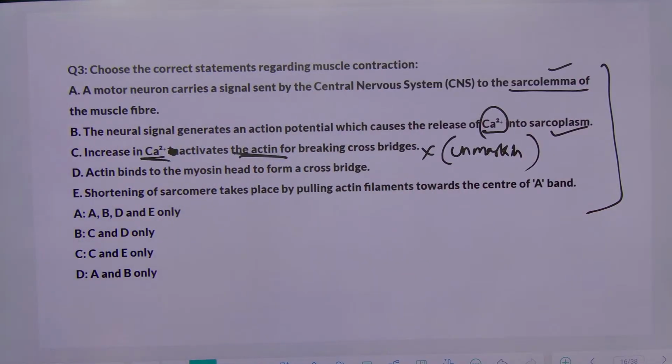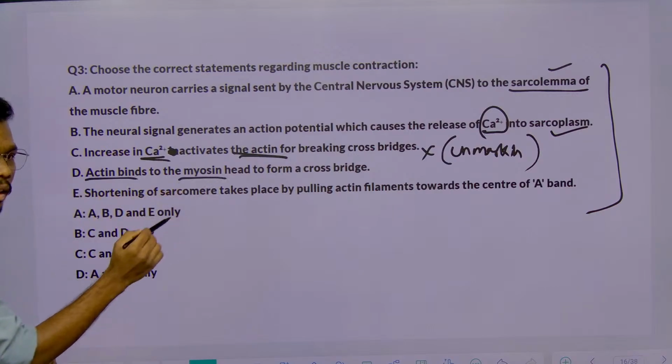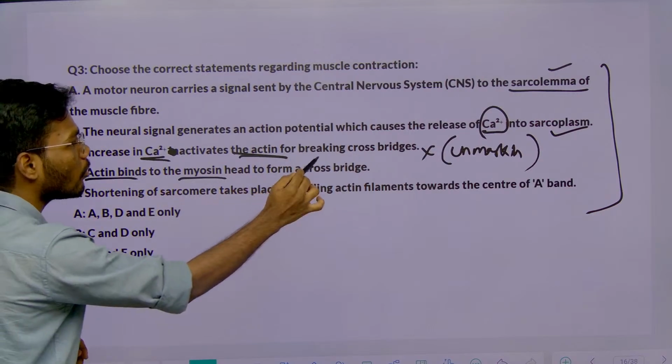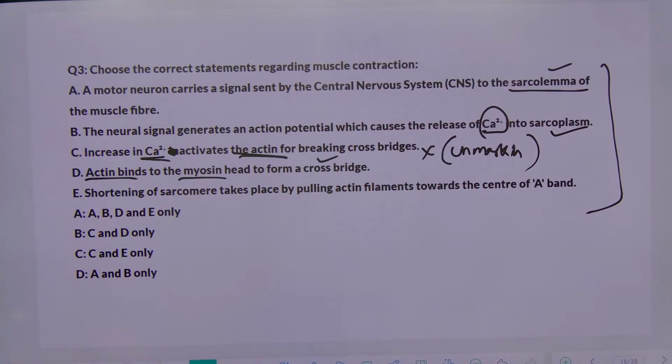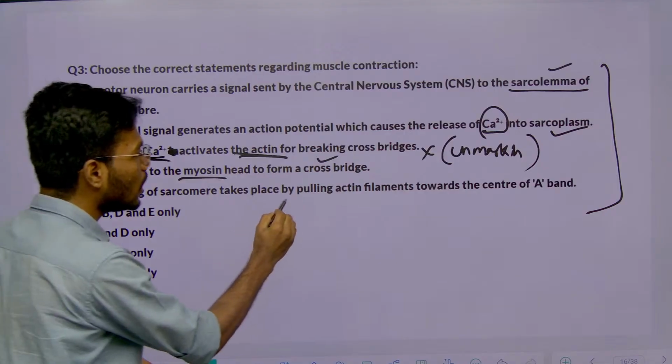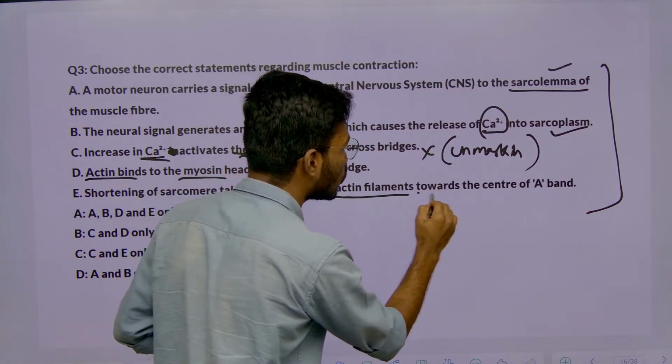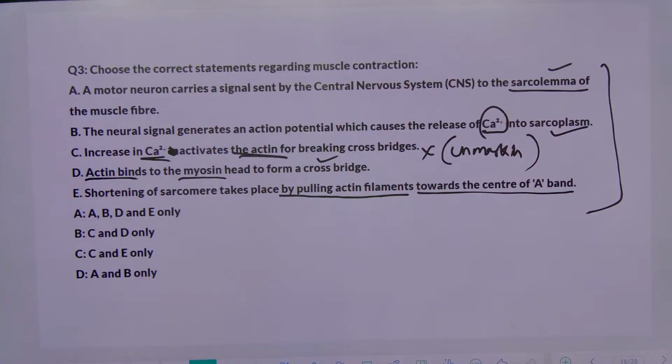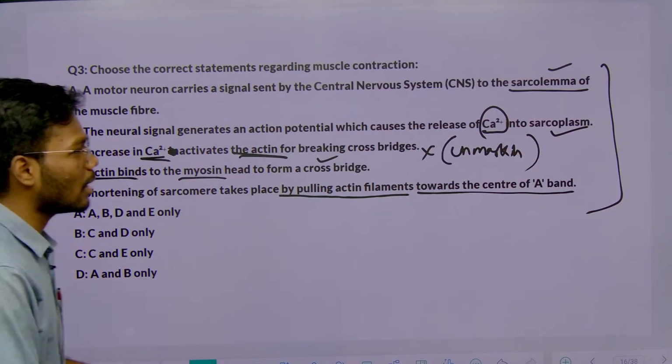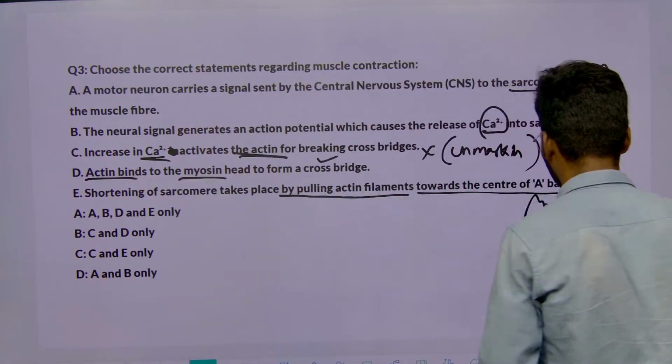Right. So next, actin binds to the myosin head to form a cross bridge. Actin will bind to the myosin head, right? We already discussed, to form what? Cross bridge. Next, shortening of the sarcomere takes place by pulling of actin filaments toward the center of the A band, right? Only toward the center of the A band. The A band is nothing but the myosin area.